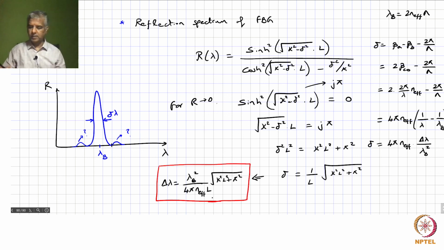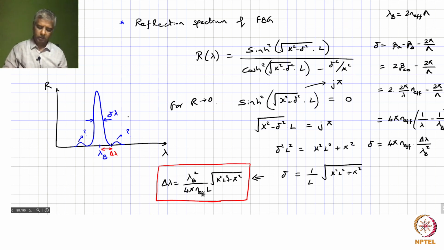So, what does this delta lambda correspond to? Delta lambda corresponds to the shift in wavelength that you have to go from lambda b so that you are going to 0 on either side, and that can in some ways be approximated as this delta lambda itself.